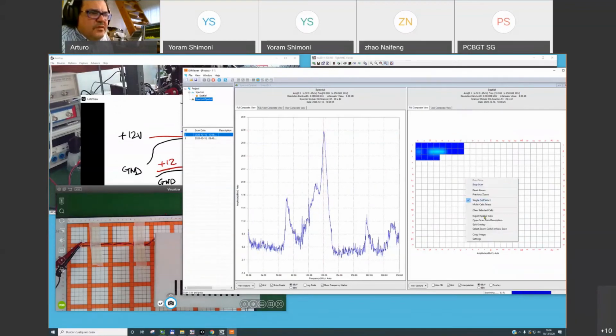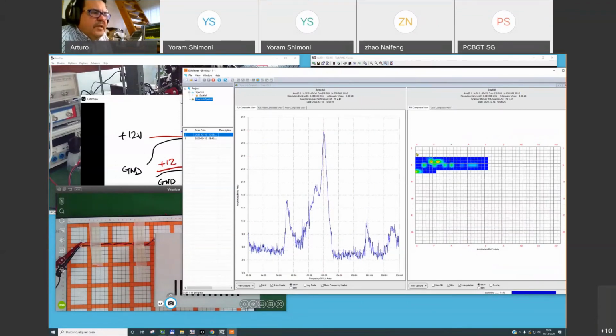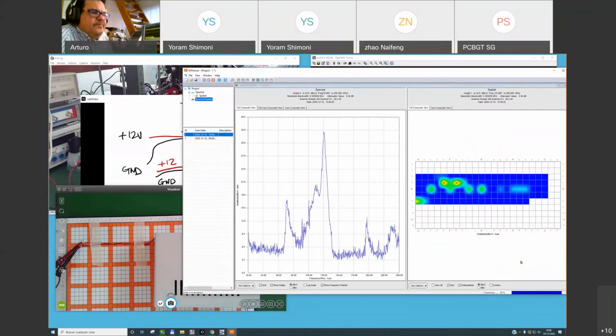Let me reset the zoom, okay? And make a new zoom here, okay? This is the activity I am identifying. This is the frequency, 130 megahertz. So let's run a spatial test.